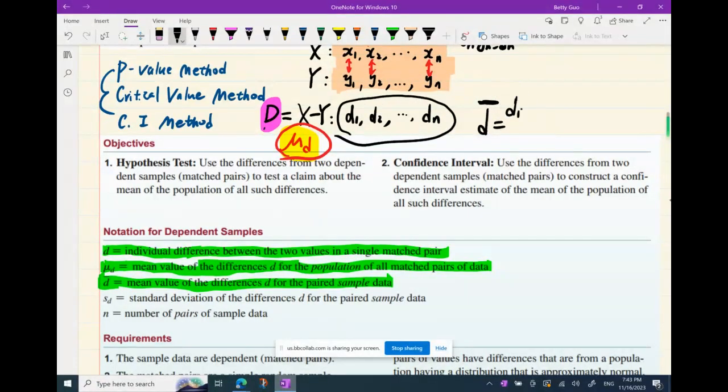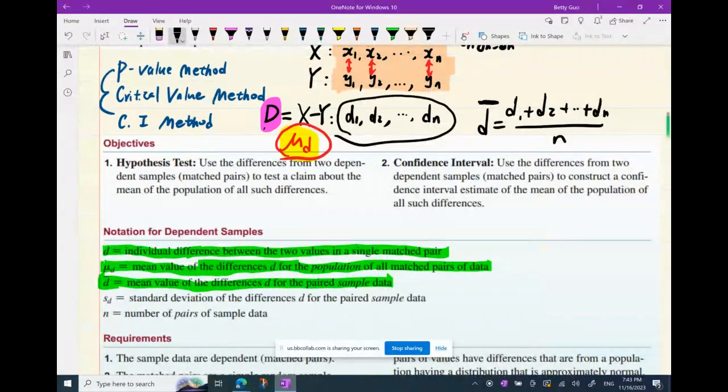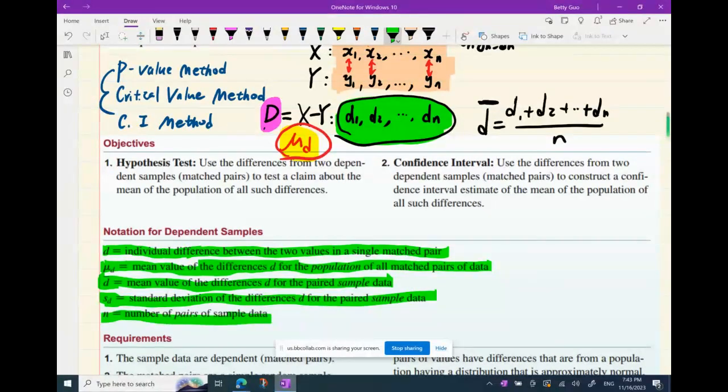We add up D1, D2, and Dn, and then divide by n. So D bar is just the mean of the sample D1, D2, and Dn. S sub D is the sample standard deviation of this sample. And n, of course, is the sample size, or number of pairs of sample data.